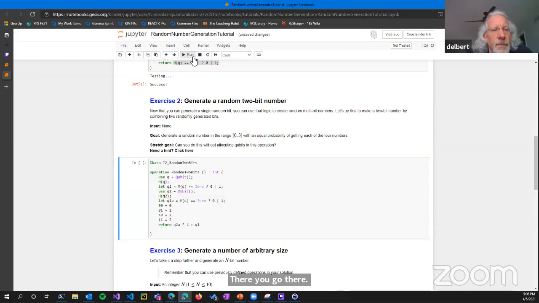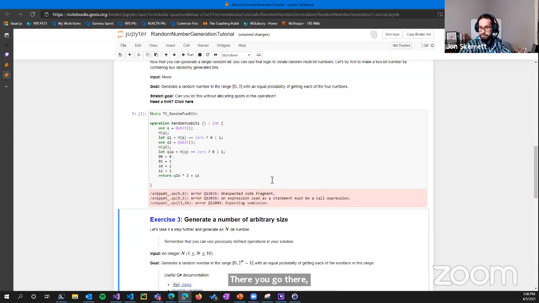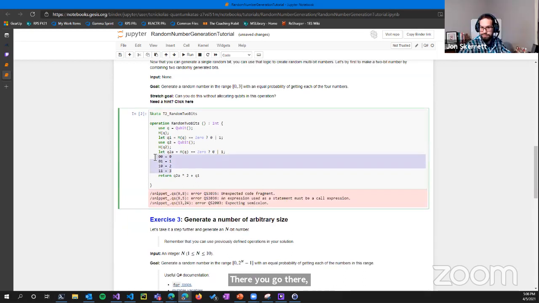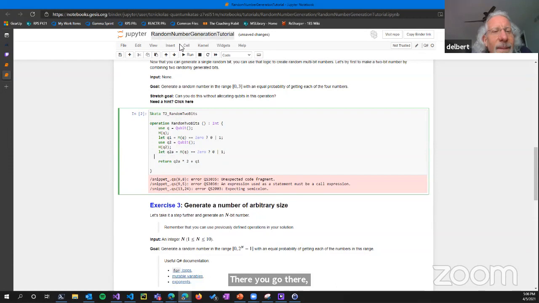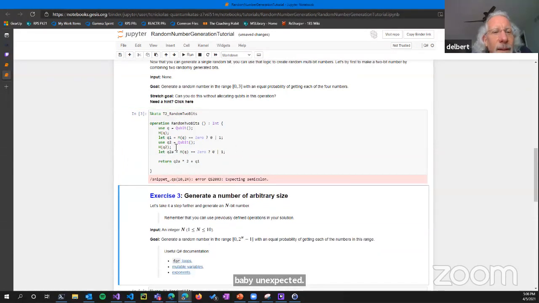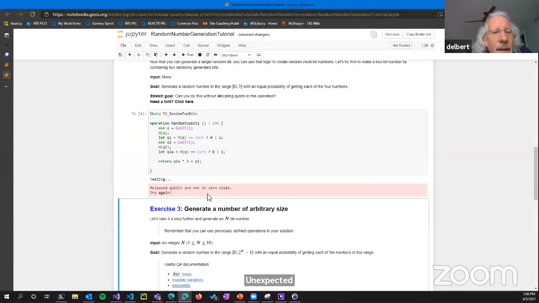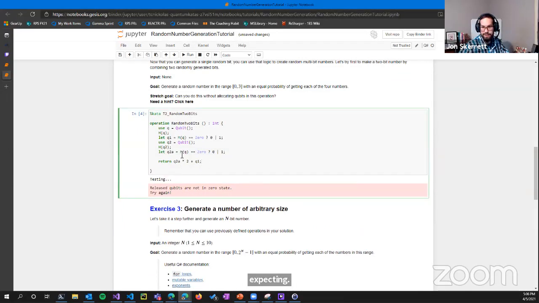Oops. Maybe unexpected code. Expecting... Maybe release qubits are not in 0 state. I've got to measure. But that's the basic idea.